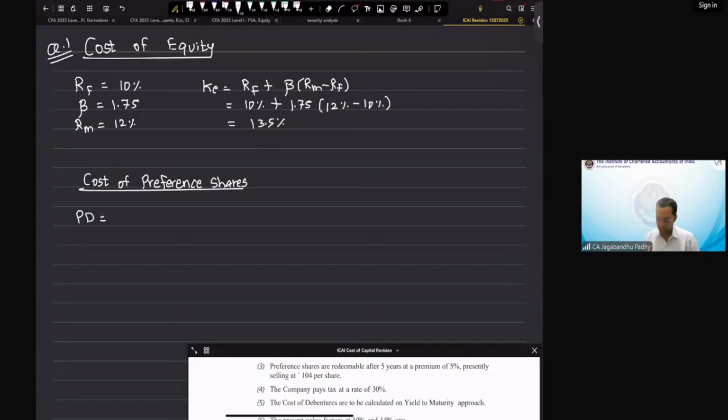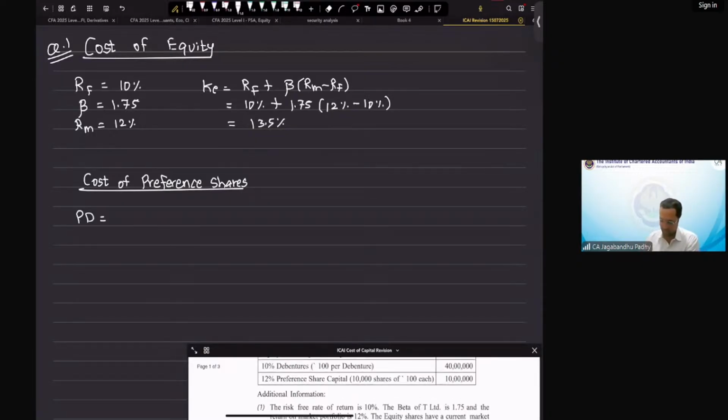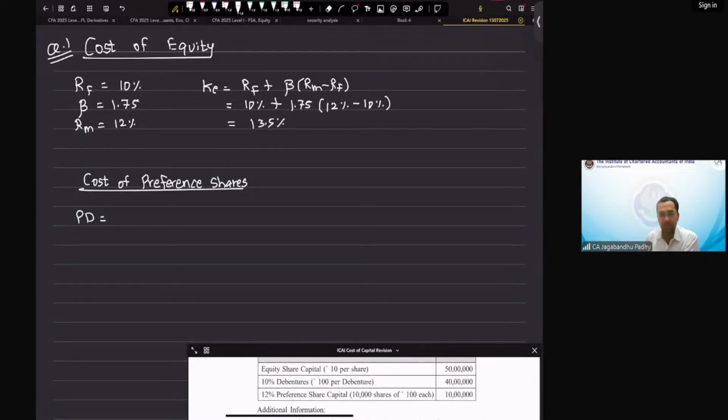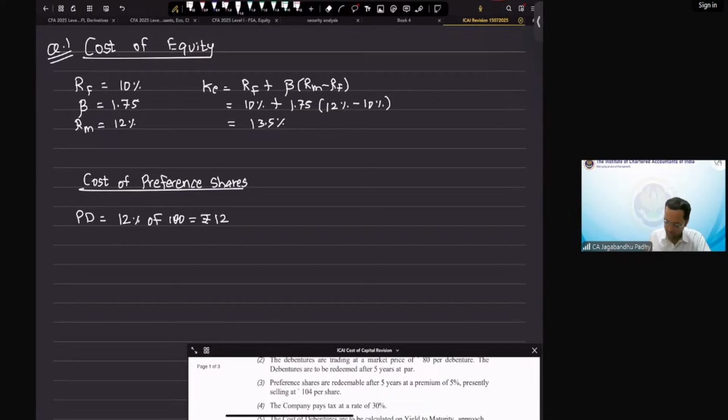So we know the preference dividend. What's the preference dividend payable over here? 12%. The preference dividend is basically 12% of 100, which is rupees 12.